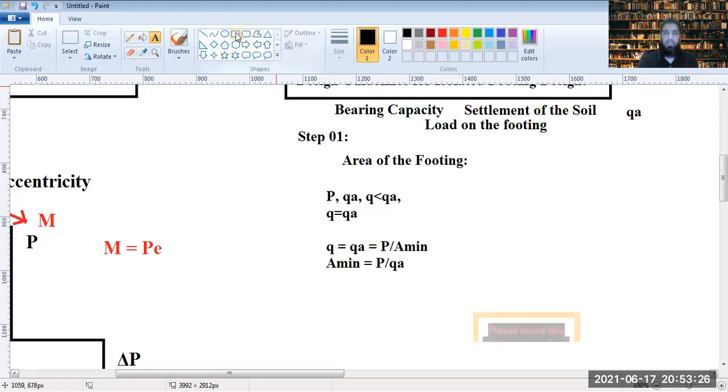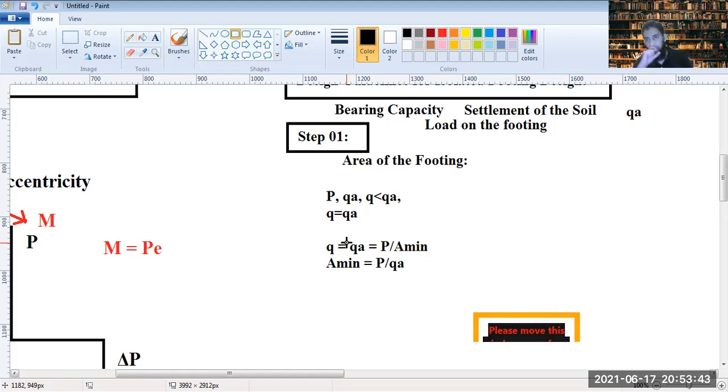At this point, we know the minimum area of the footing that we require in terms of the allowable soil pressure. And so what should our actual area be? Should it be greater than this? What does it depend upon? It depends upon the actual stresses that we have, and how much they are.